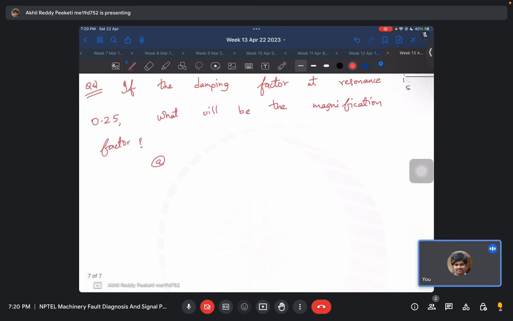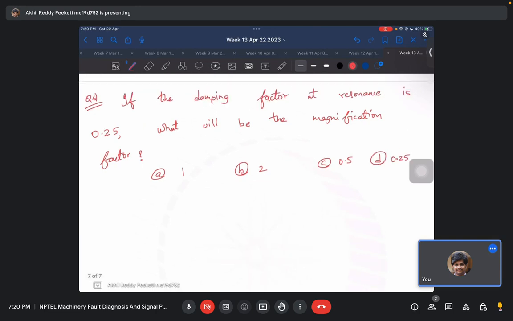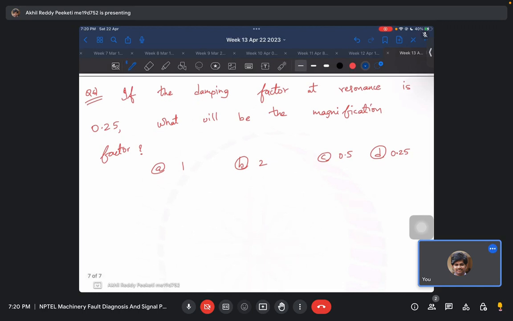The options are 1, 2, 2.5 and 0.25. So we are given the damping factor and we are supposed to find the magnification factor. If you remember our earlier weeks, we had a direct formula for the magnification factor. Using that formula we can estimate it, but there is one more detail in the question that you need to carefully see.